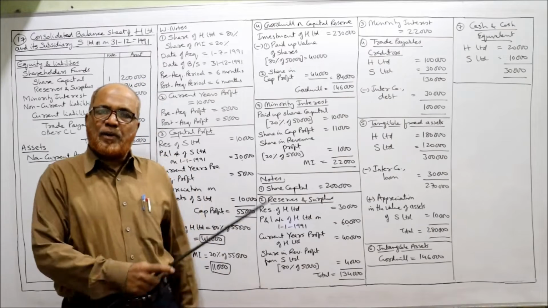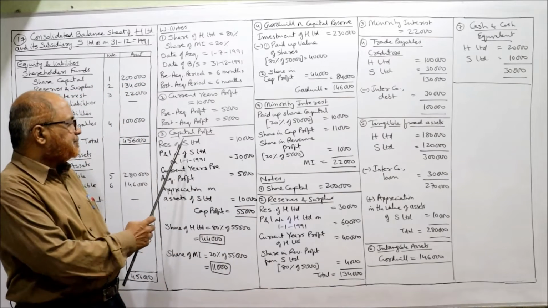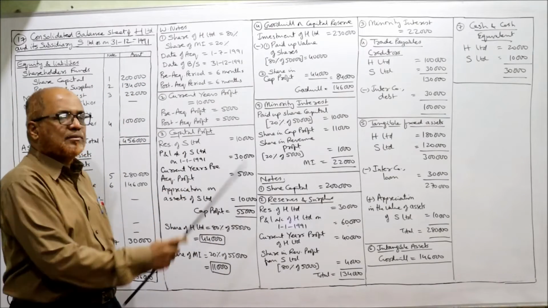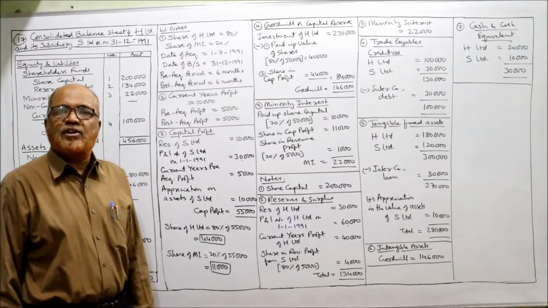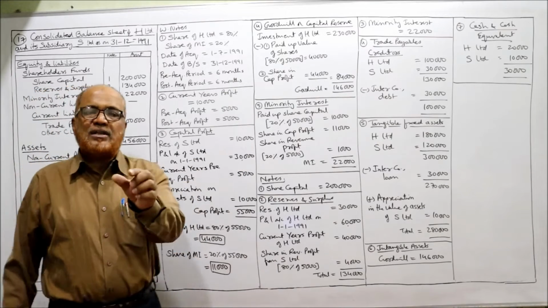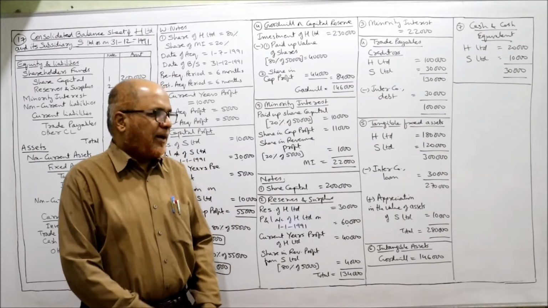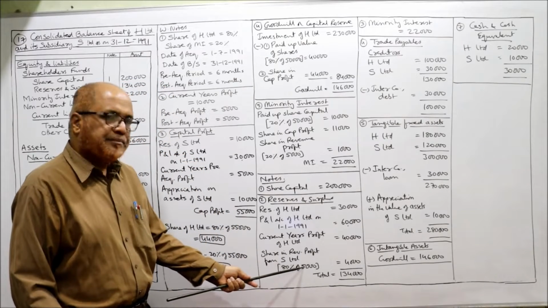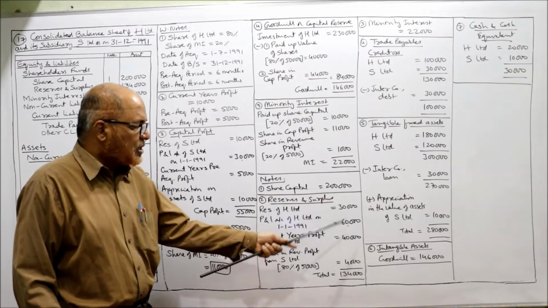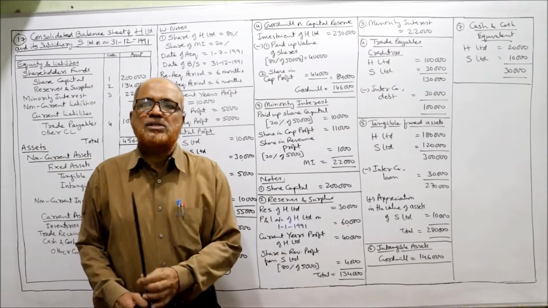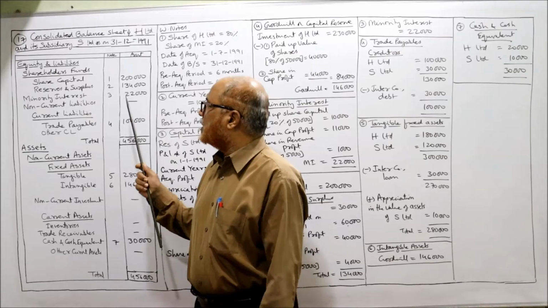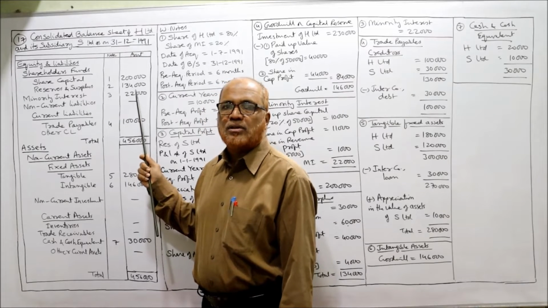So how much is the revenue profit of S Limited? Here we have calculated post-acquisition profit. Post-acquisition profit is revenue profit, 5,000. Out of 5,000, 80% belongs to H Limited. So 80% of 5,000, 4,000. Take the total, 1,34,000 is the reserves and surplus. Here you can see 1,34,000.